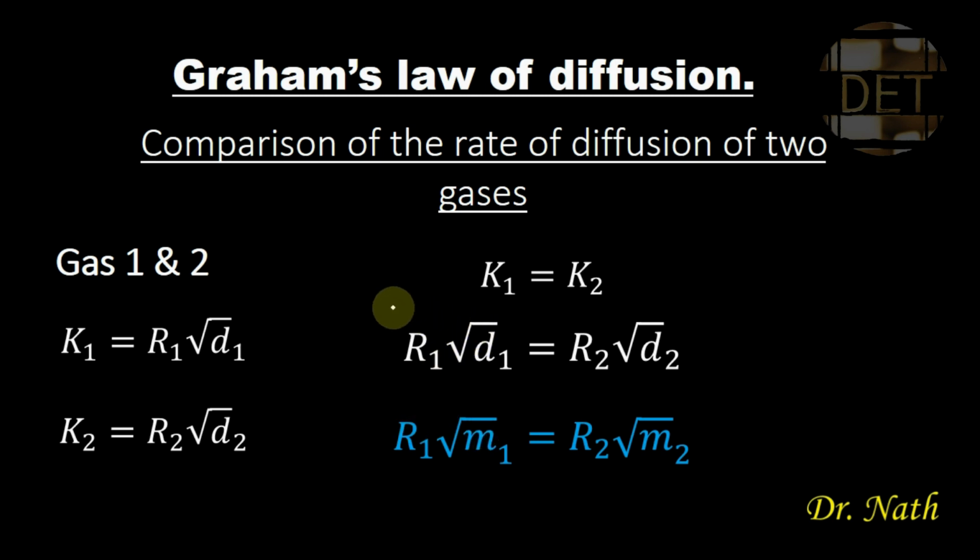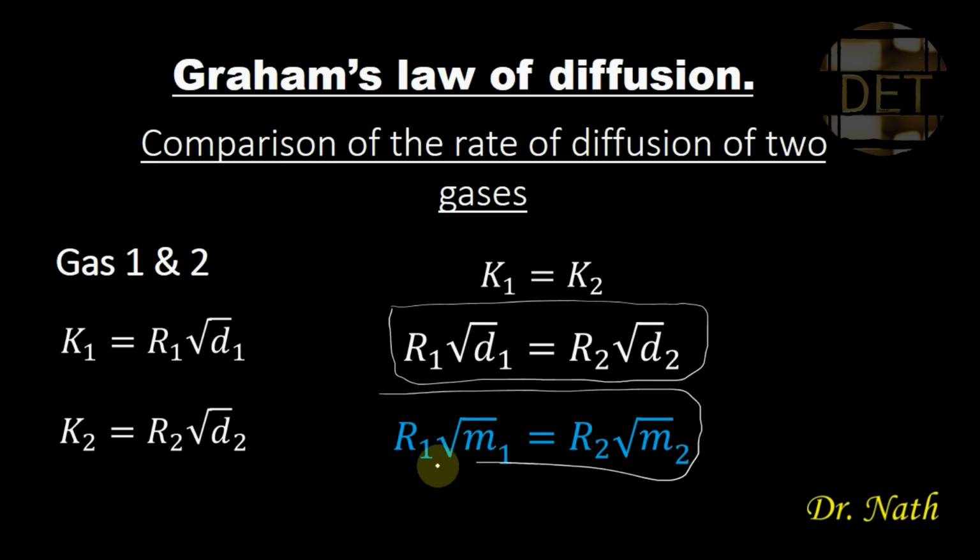So this D1 will be equivalent to M1, and this D2 will be equivalent to M2, because the density of a gas is proportional to its relative molecular mass. So this equation is also very vital.